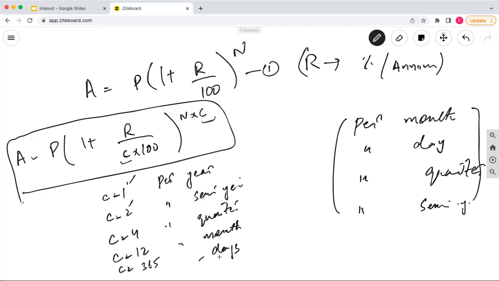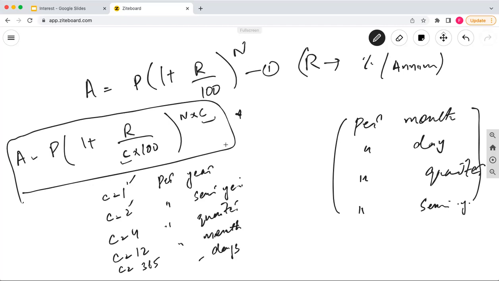And for days, a normal year has 365 days, so we consider 365, unless it mentions a leap year. So just keep this formula in mind and read carefully whether compounded per month, per day, per year, per semi-year, or per quarter year.